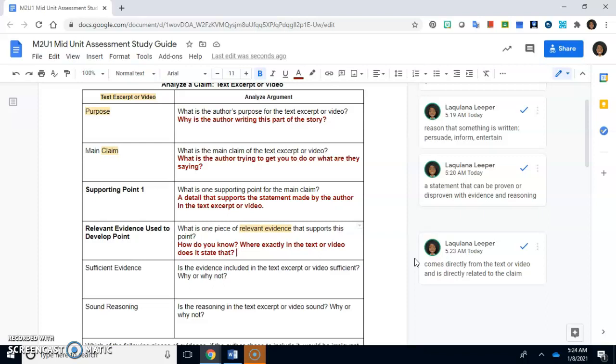So the next one is going to be sufficient evidence. Now, sufficient evidence is a little bit different than relevant evidence, right? So relevant evidence comes directly from the video and you're just pulling information. Sufficient evidence is asking, well, does it help you to better understand the claim?